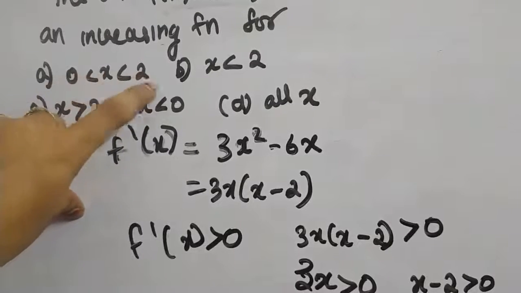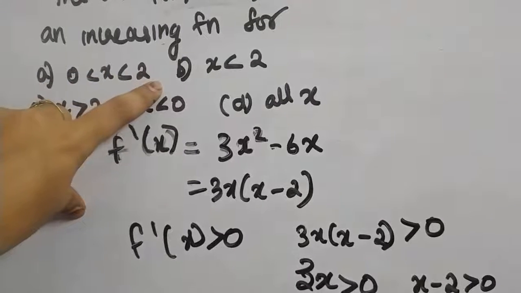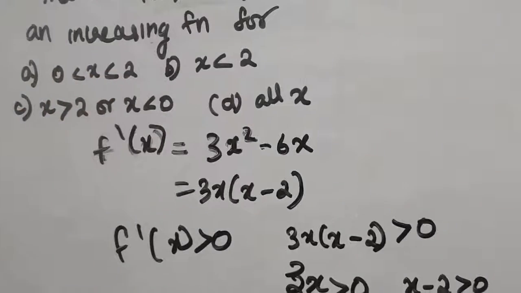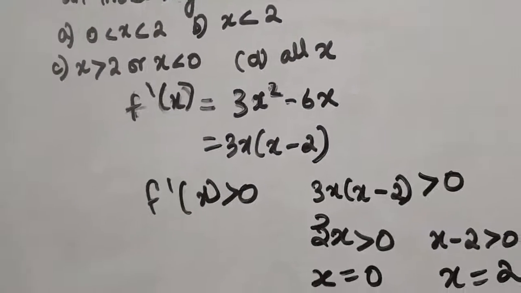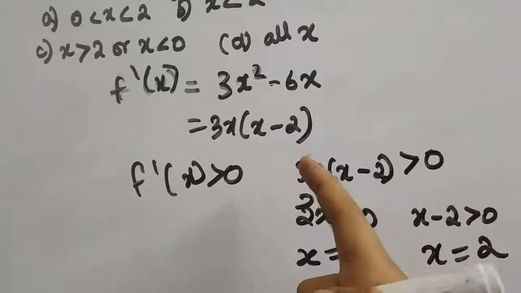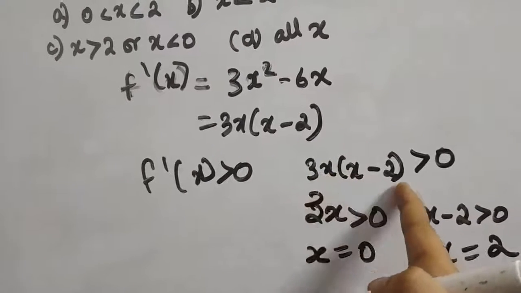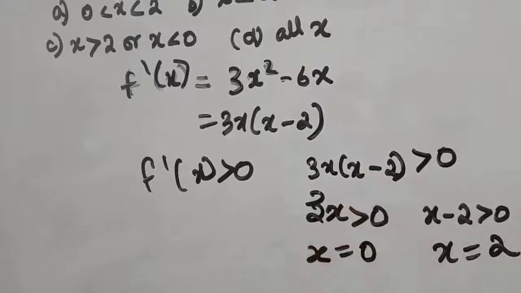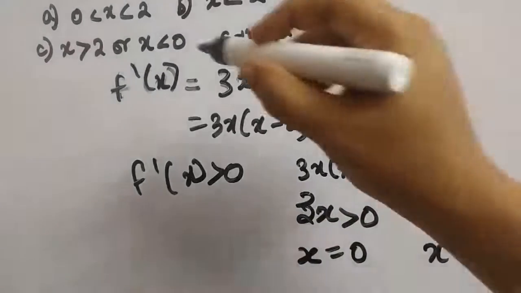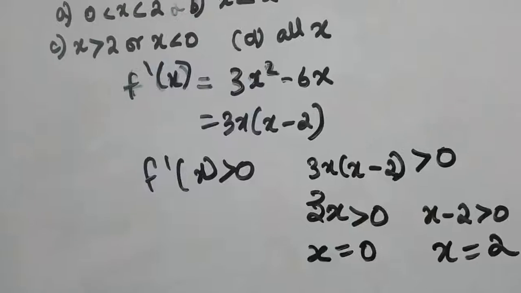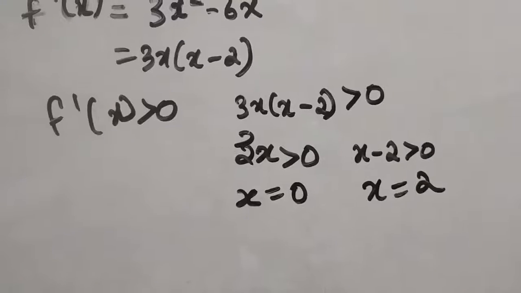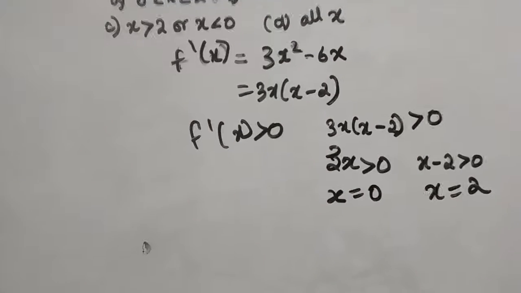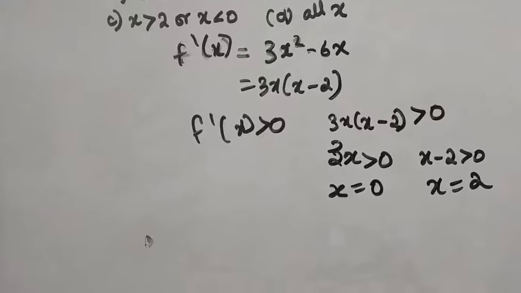Take one number in between this. Suppose I am taking 1. So put here 3 into 1 into 1 minus 2. So 3 into minus 1. That means the answer will go negative. So this is not the answer. So x is equal to 0, x equal to 2.